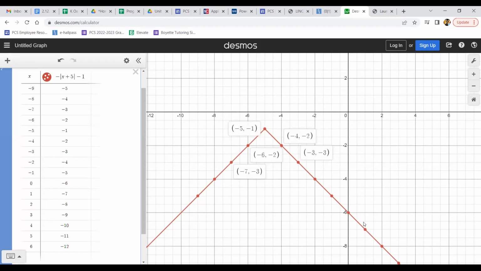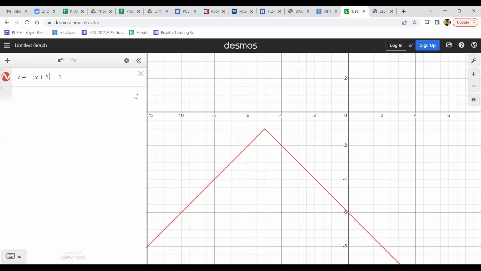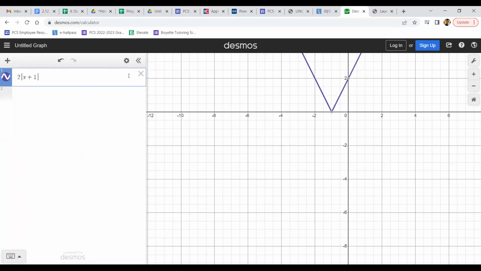Okay. All right. The next one, we're going to do the function 2 times the absolute value of x plus 1 minus 3. I'm going to type this in because we will need it. Okay. So let's go ahead and start answering the questions on this one.